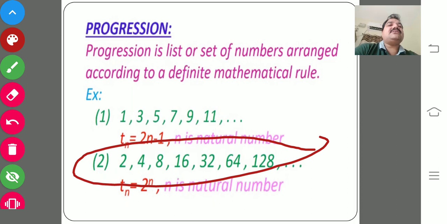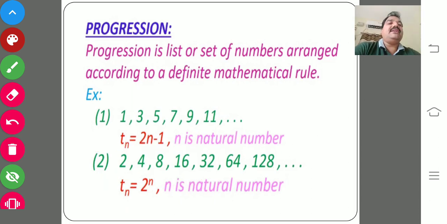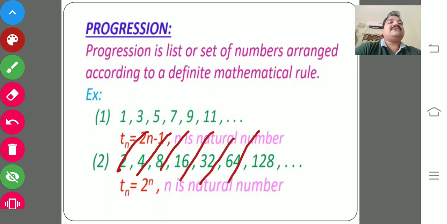It is the powers of 2, 2 power n, where n is a natural number, and natural numbers start with 1. So 2 power 1 equals 2, 2 power 2 equals 4, 2 cube is 8, 2 power 4 is 16, 2 power 5, 2 power 6, and so on. Like that it will go.